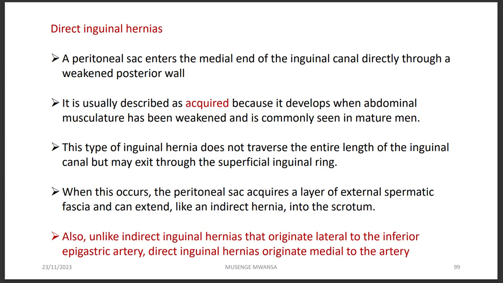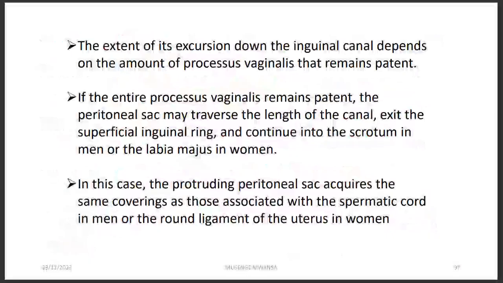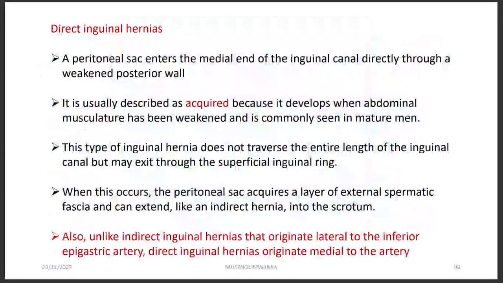The direct inguinal hernia, unlike the indirect one, will originate medial to the inferior epigastric vessels. Actually, I didn't say this one well here. This one is supposed to be passing medial to the epigastric vessels, unlike the indirect inguinal hernia that originates laterally.